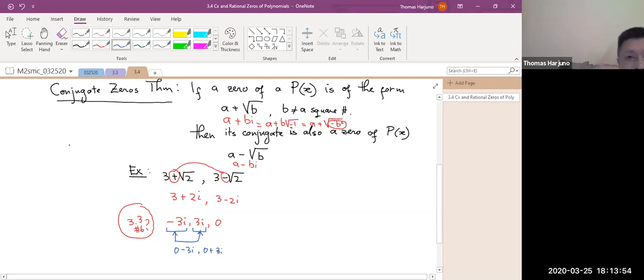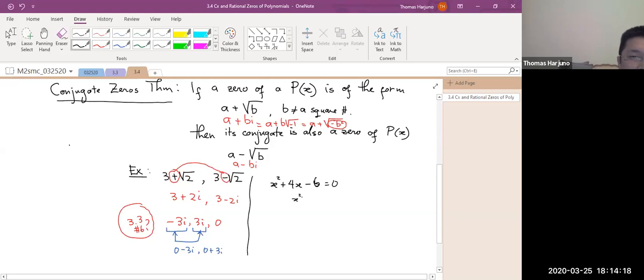Is it okay? And we have seen this phenomenon a lot when we solve quadratic equations. Notice that, let's say I have x squared plus 4x, maybe minus 5, maybe minus 6 instead, equals 0.